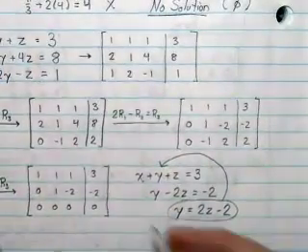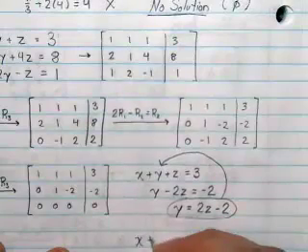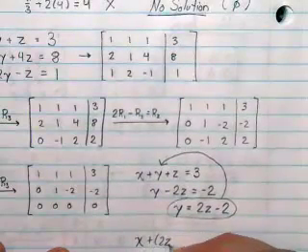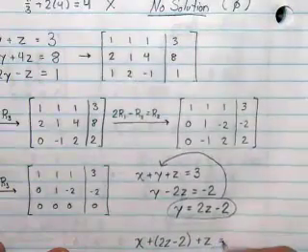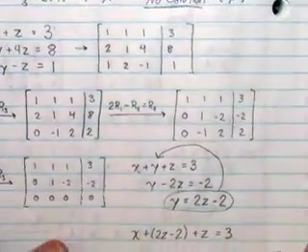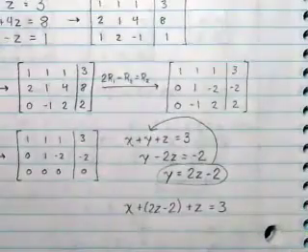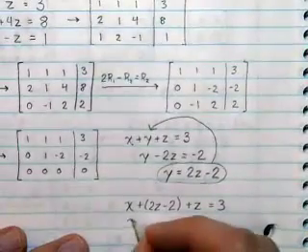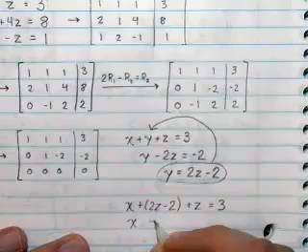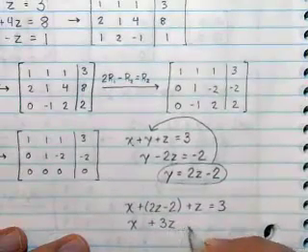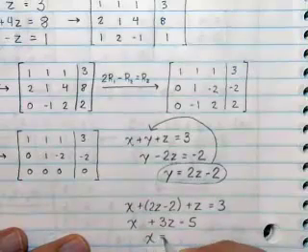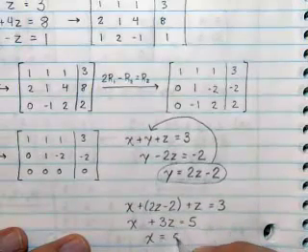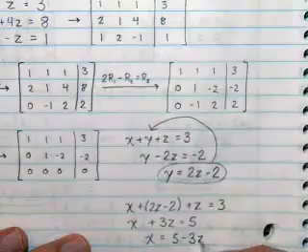So I'm going to rewrite that one for just a second here. So x plus 2z minus 2 plus z equals 3. And then I've got some like terms that I can shuffle around here. So x plus 3z, if I add the 2 to the other side, that's a 5. So x equals 5 minus 3z.